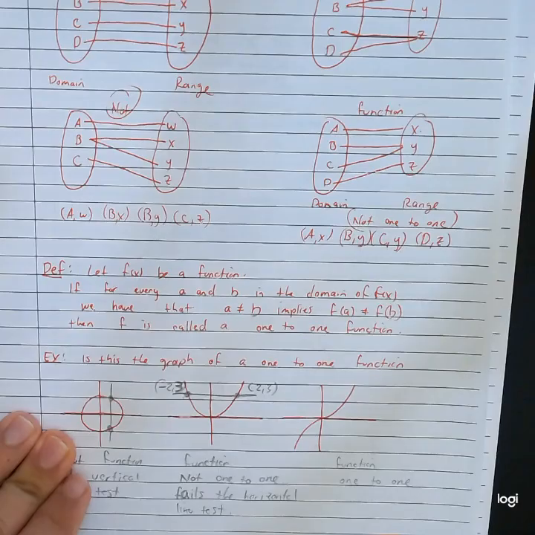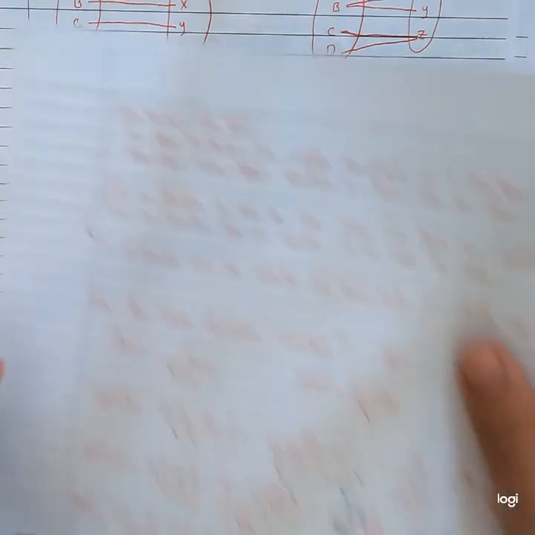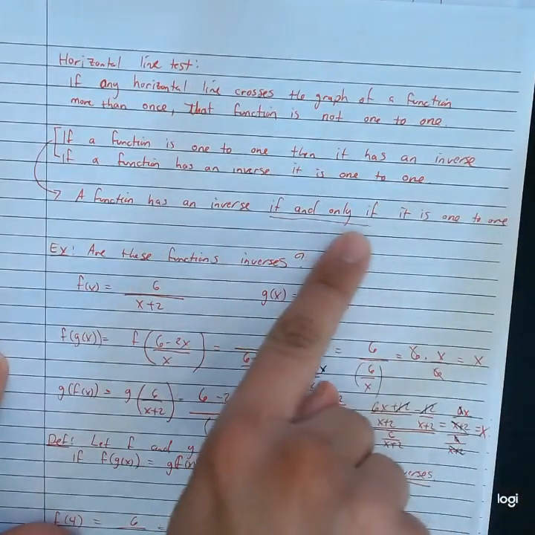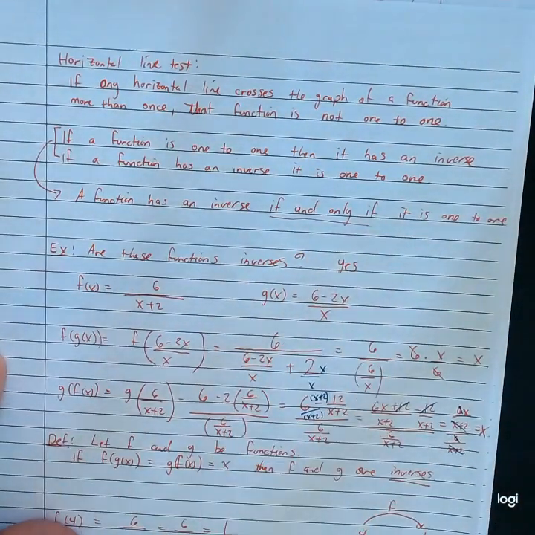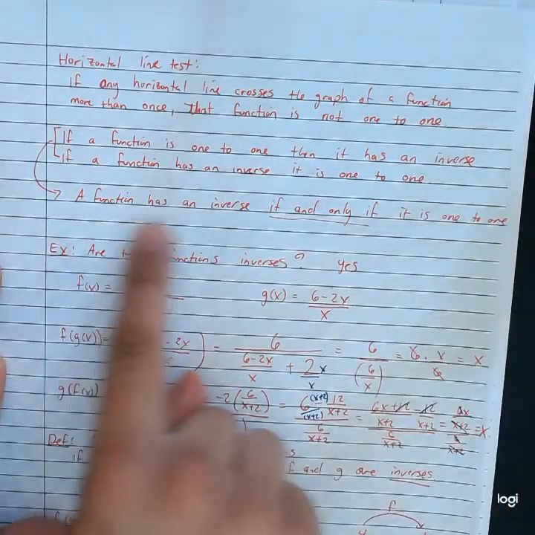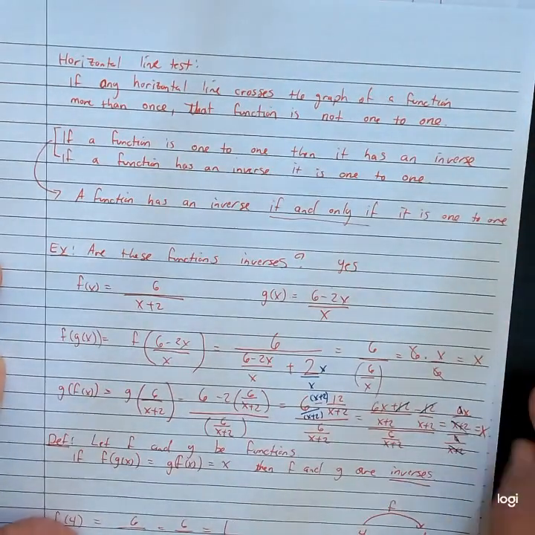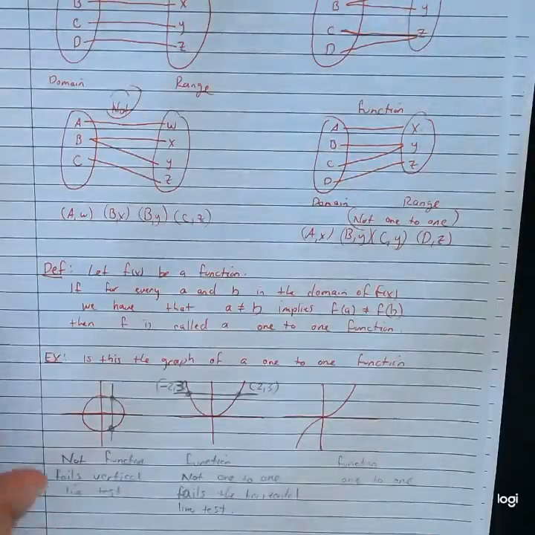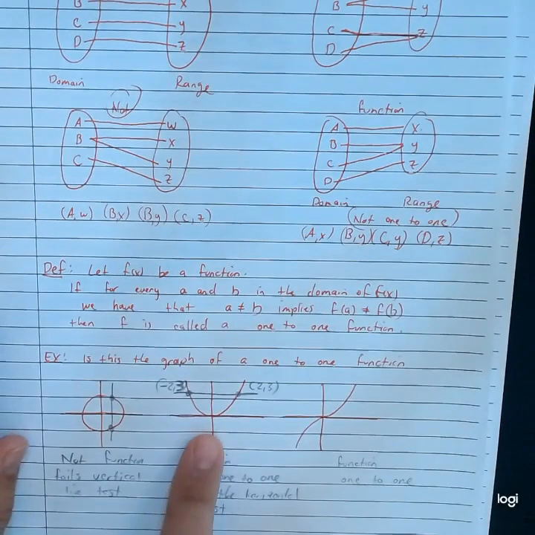But then we said that a function could only be inverted if it was 1-to-1. Right? A function has an inverse if and only if it's 1-to-1. If you put those two things together, it gives you something a little strange. Because, okay, a function, if it's not 1-to-1, it's not invertible. Okay, fine. But that's not 1-to-1. Okay, so that means it doesn't have an inverse.